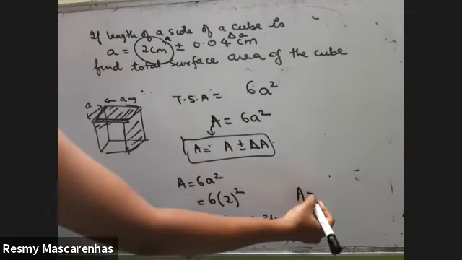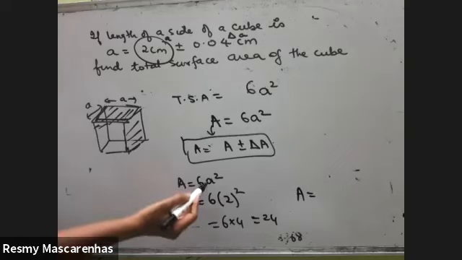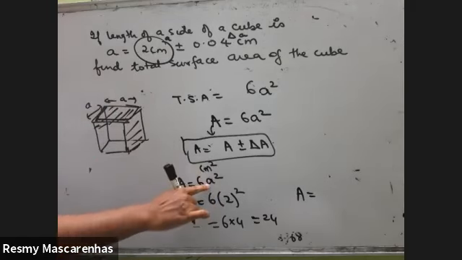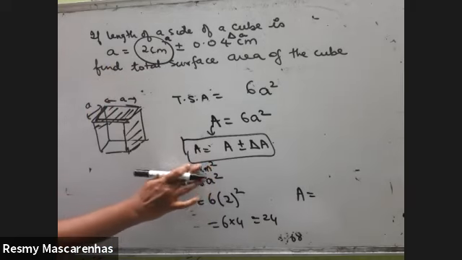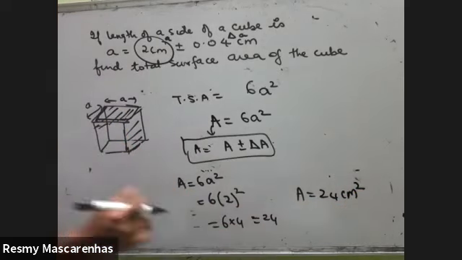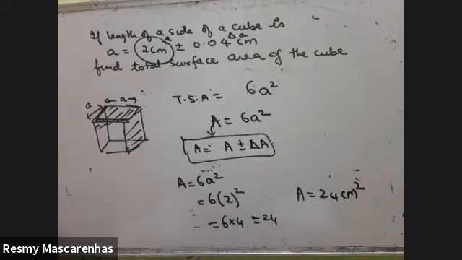Now just check the unit for area. You know that it is centimeter, because A is centimeter. The whole square will become centimeter square. So unit is 24 centimeter square. So you got your first part. Now you have to calculate delta A. So while calculating delta A, ignore that 6. 6 is a pure number and it will not have an error in it.